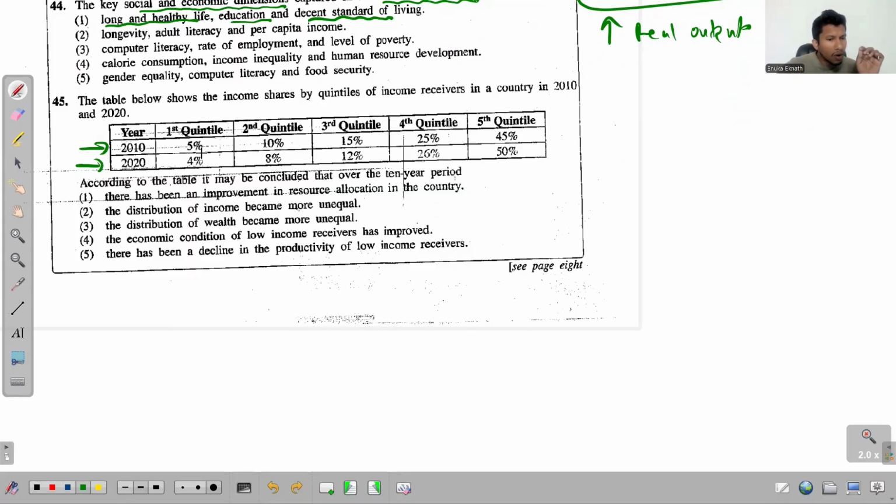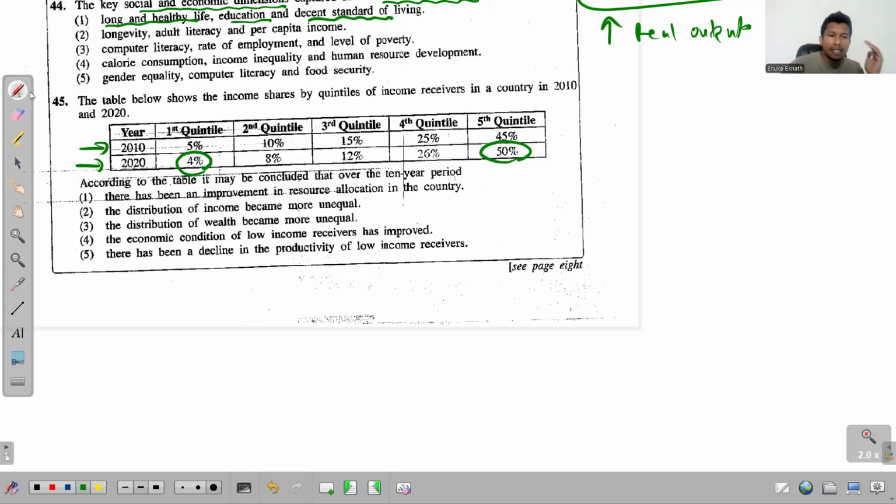First quintile owns 5% of the income in 2010, and fifth quintile owns 45% of the income in 2010. But in 2020, what has happened to those values? The first quintile owns only 4% of the income, whereas a fifth quintile owns 50% of the income or the wealth.